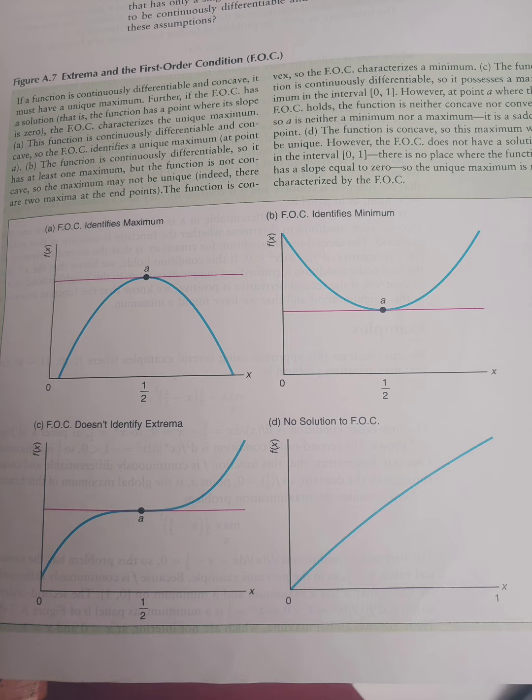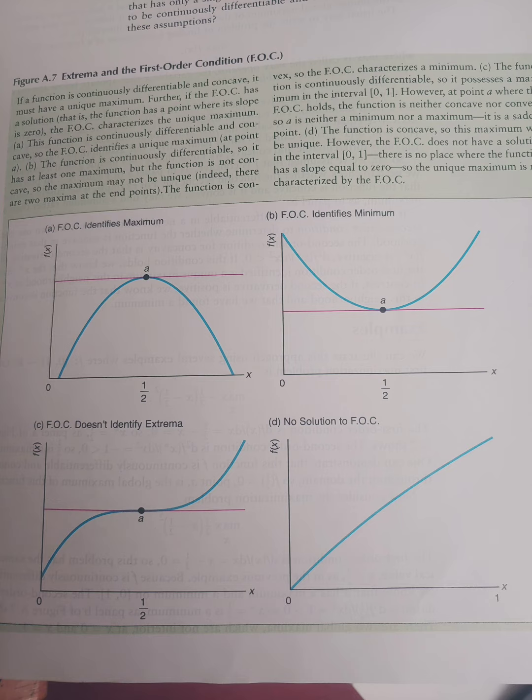So far, we've assumed that f is concave, as in panel A of figure A.7. In practice, we need to check whether the function is concave. For example, if we falsely assume that the function is concave and it is convex, we may find a minimum rather than a maximum, as in panel B.